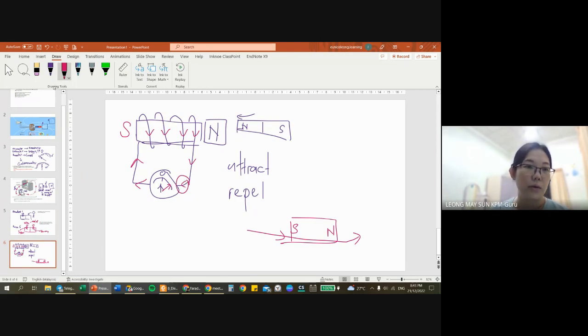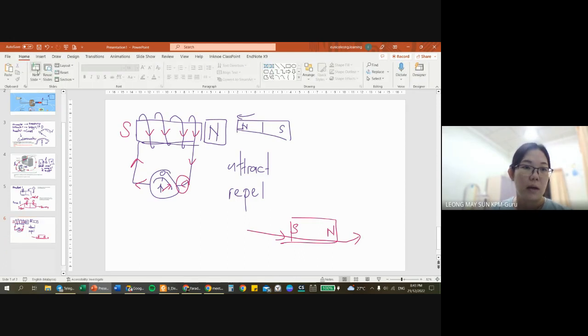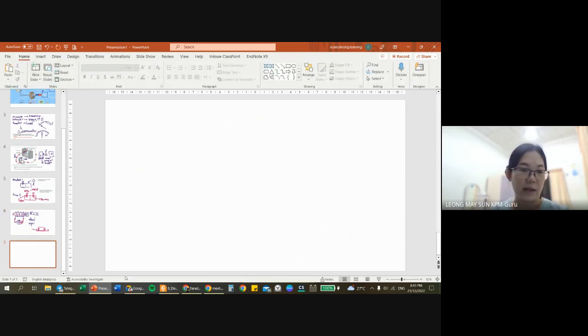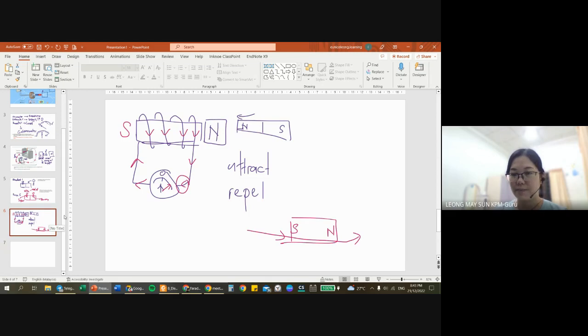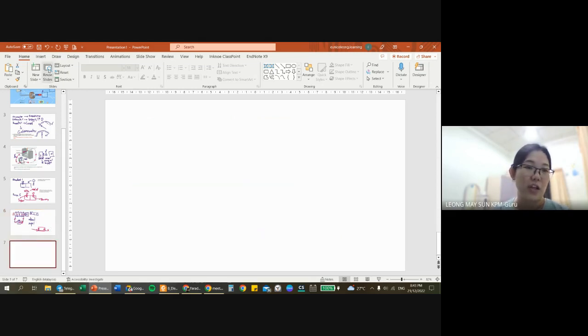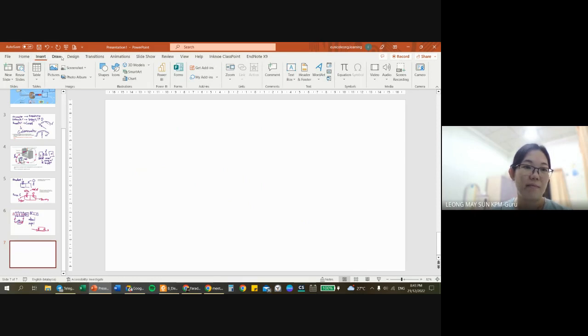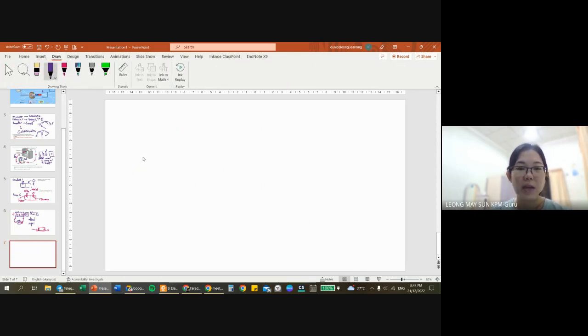Okay, so I'm going to try to do one thing. Looking at this, I'm going to draw another solenoid. Please do try to learn how to draw the solenoid together and then analyze together.